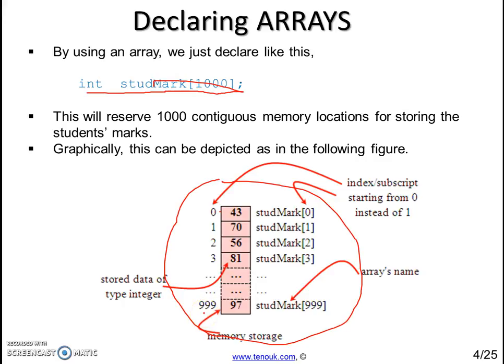These are called the indexes of an array, where the first location is referred to by 0. It is called an index or a subscript, which starts from 0 instead of 1, and these are the values that you can store within an array. Here the storage type is integer, that's why you can only store integer values within this array.